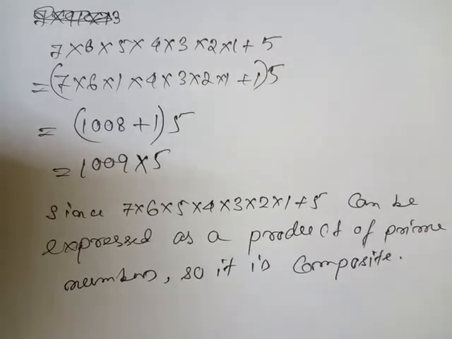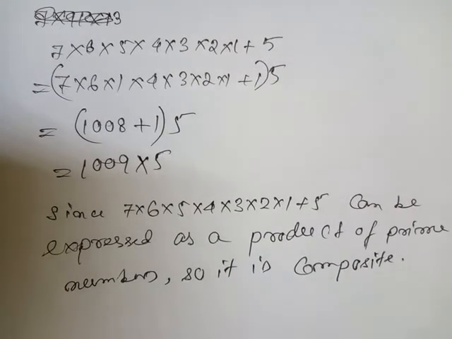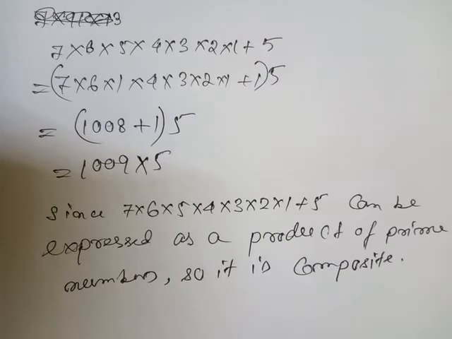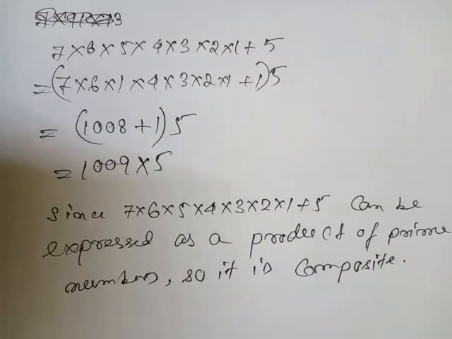Now look student, one thing is clear that the product of two prime numbers is a composite. I think this is the answer of question number 6.